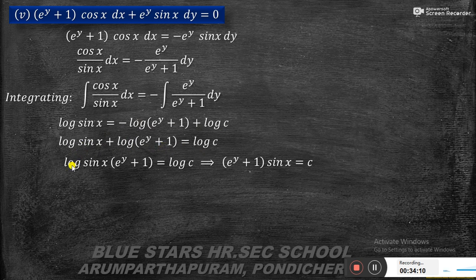So I write it as the log of sin x into (e^y + 1), because log of ab means log a plus log b. So log of sin x into (e^y + 1) equals log c.